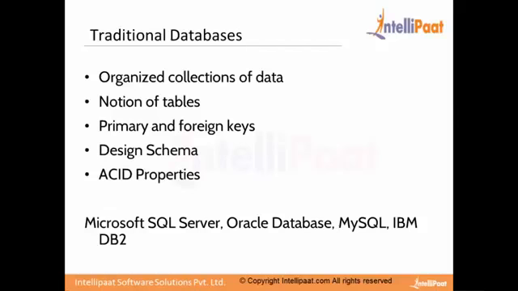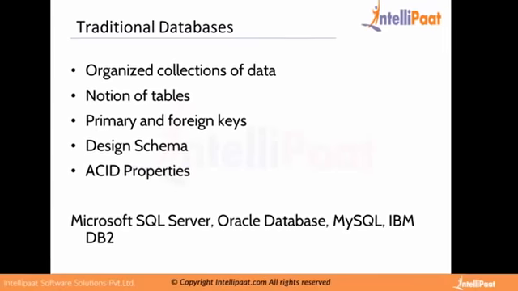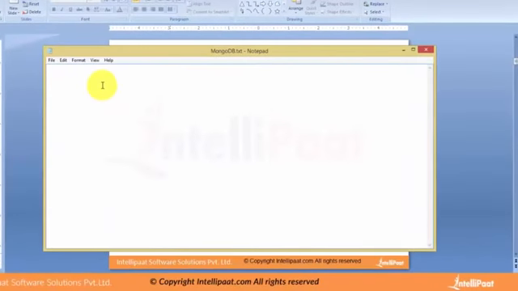Now, what is a relational database system? It uses the notion of databases separated into tables where each column represents a field and each row represents a record. These notes will become more important for you as you go through this course, as a reference when you are preparing for an interview, or making a career shift, or writing a certification exam in MongoDB.